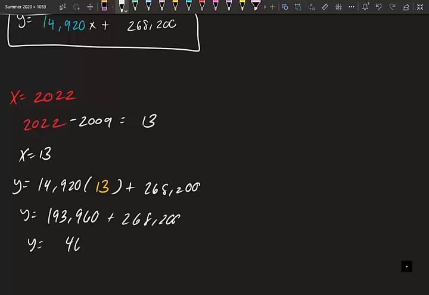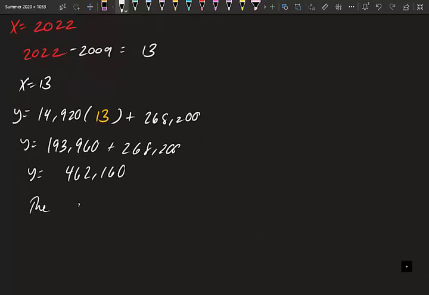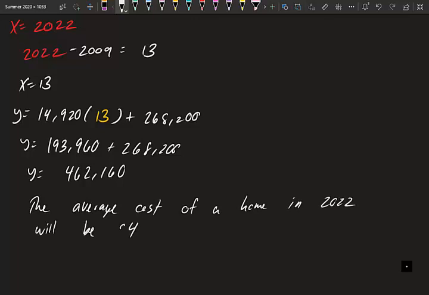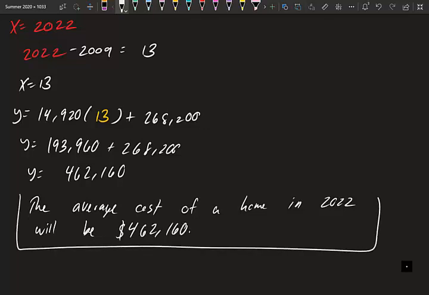So we get 462,160. So the average cost of a home in 2022 will be $462,160. That's the national average cost of a home in 2022.